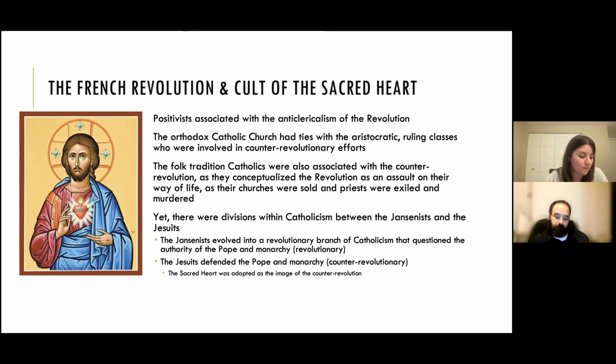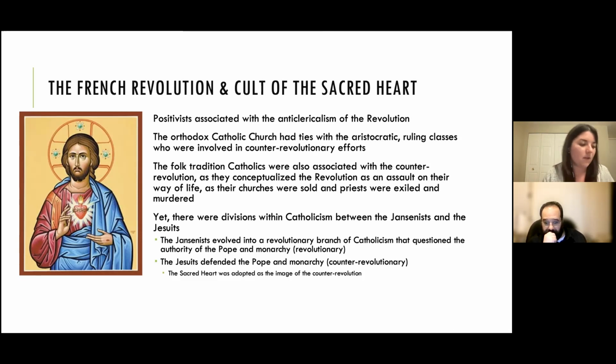And it was really politicized, understandably, and people were even executed for just wearing its image or distributing it. Okay.